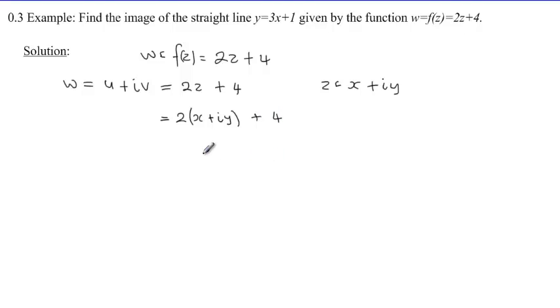Removing brackets, this takes us to 2x plus 4 plus i multiplied by 2y, which in this case means that u is equal to 2x plus 4 and v is equal to 2y.